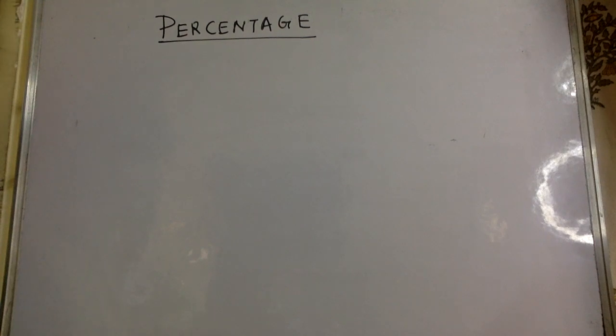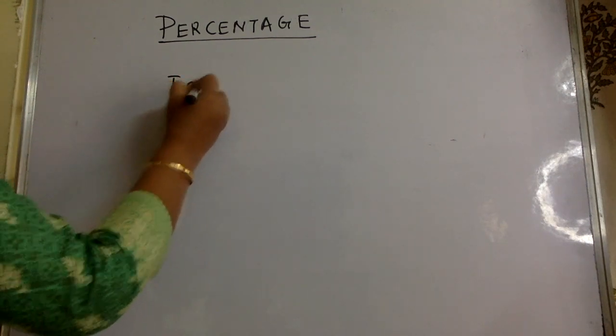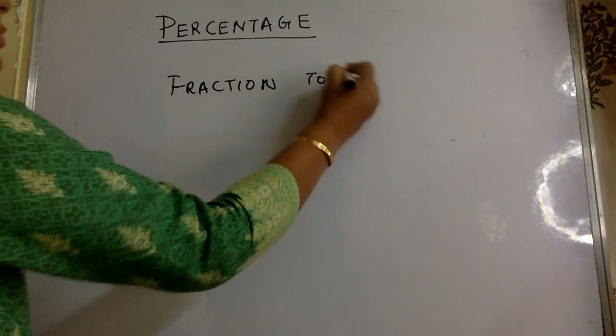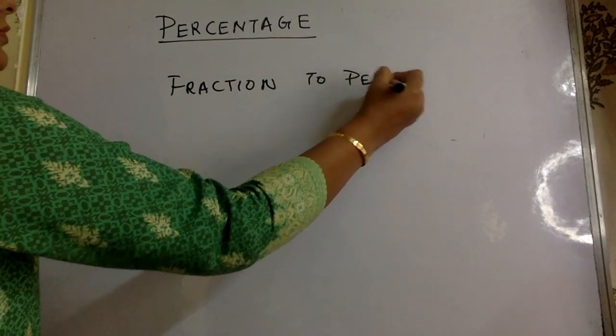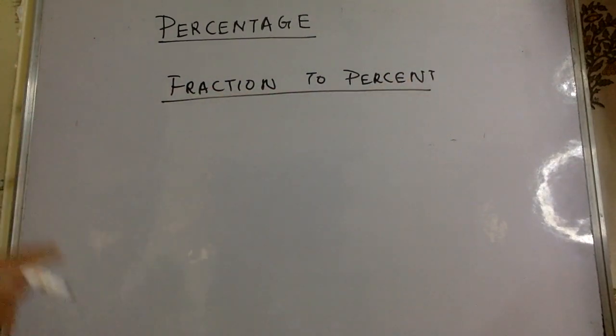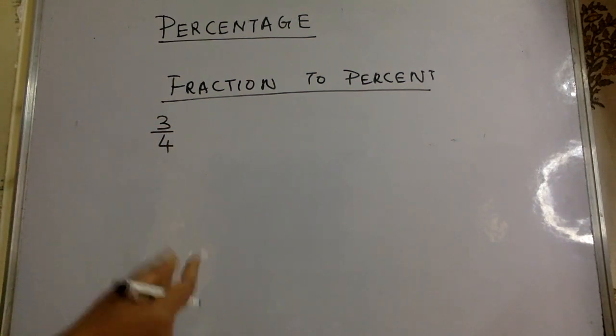Okay, the first thing is how to convert a fraction to a percentage. Have it very clear in your mind: fraction to percent. Let me take the fraction 3/4 and you want to convert it to a percent.